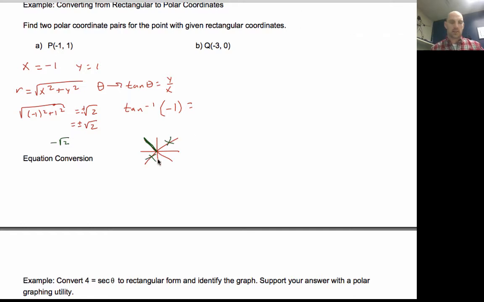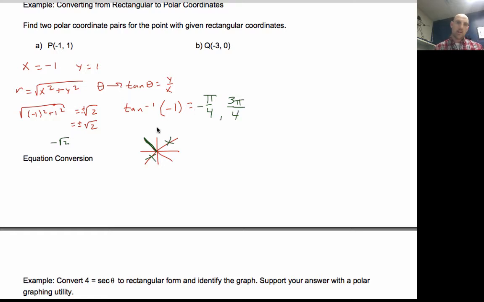So we've got to think about it like this. We've got the possibility for our angles where the tangent is negative 1 could be pi over 4, or it could be negative pi over 4, which is this one down here, or it could be 3 pi over 4.